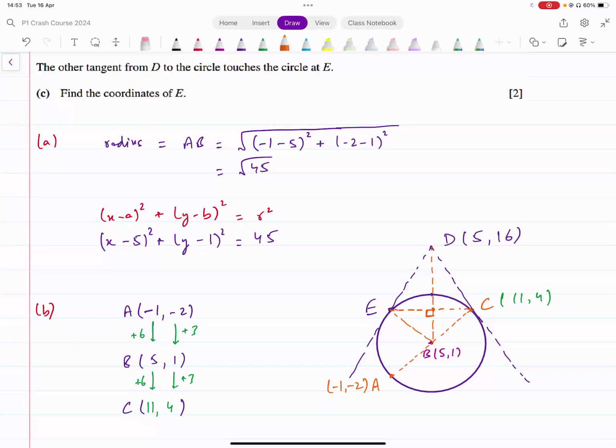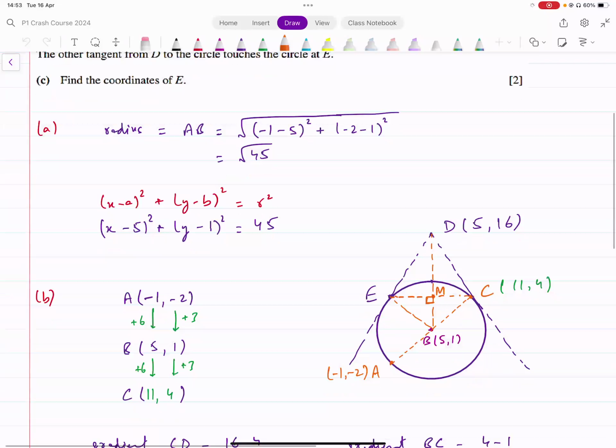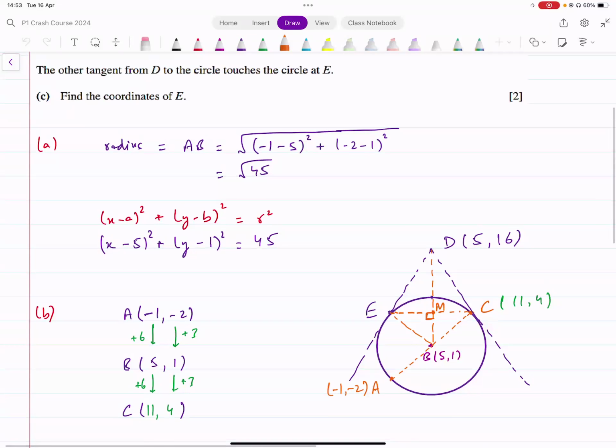So this point here, let's call this M. M is the midpoint of E and C. Okay. Now, since M is the midpoint of E and C, we can use that to figure out the coordinates of the point E.